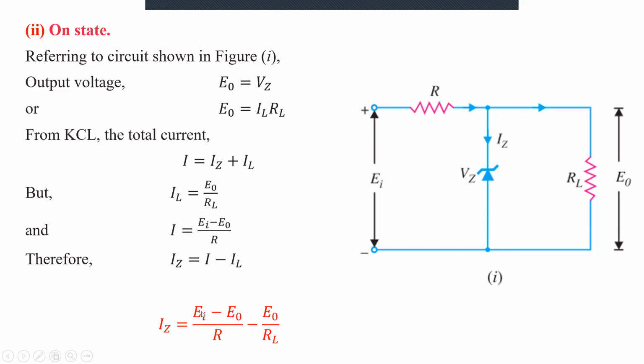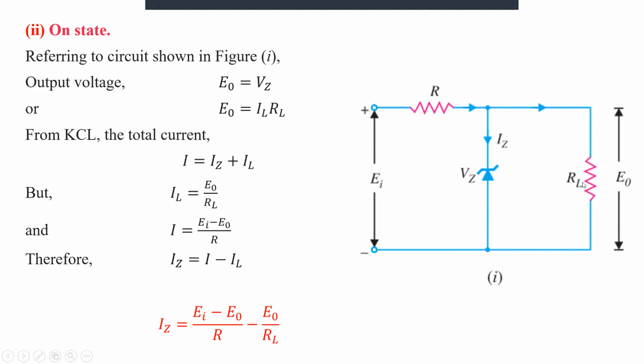So what happens here? If the input voltage is varied, the output voltage remains constant, but the total current is going to change. The extra voltage will drop across R and the extra current will flow through the Zener diode.